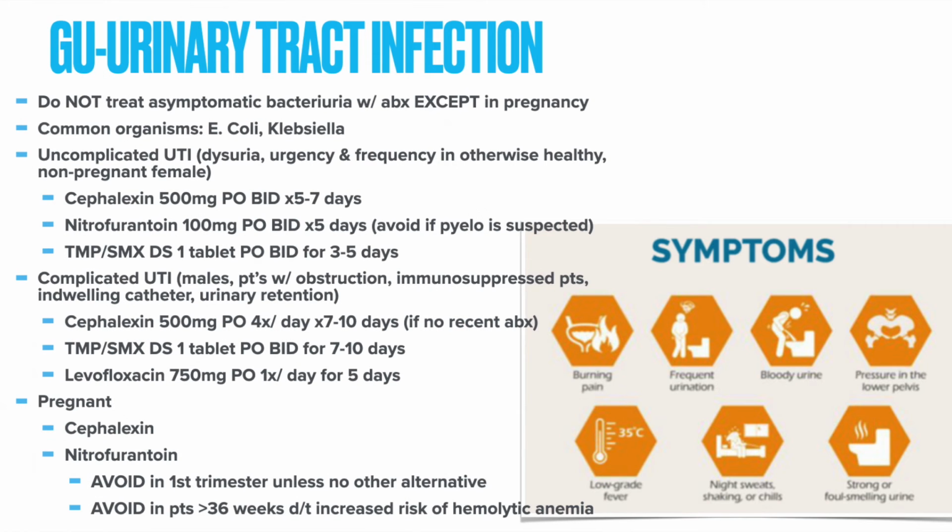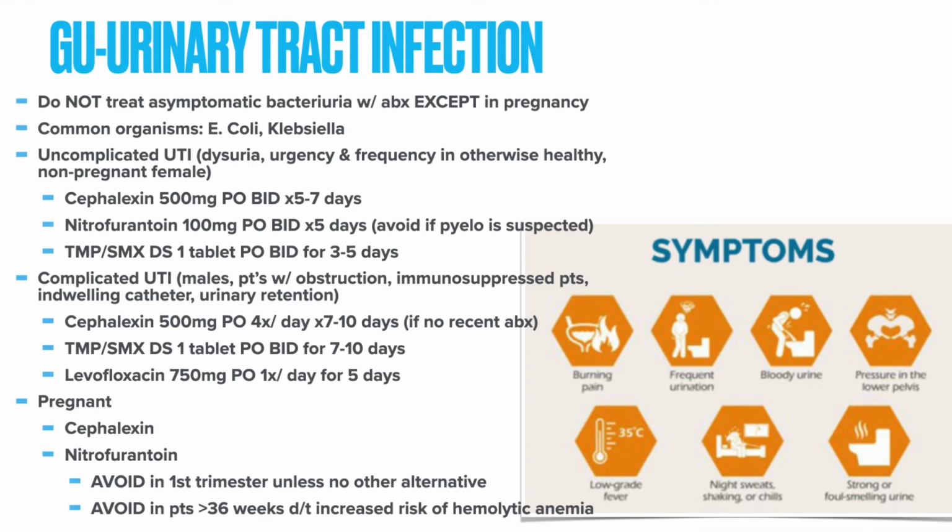All right, so next up for genitourinary is the treatment for a urinary tract infection. So common organisms for a UTI include E. coli and then Klebsiella. The general rule of thumb is to not treat asymptomatic bacteria unless your patient is pregnant. With your patients that are pregnant, if bacteria is in their urine, then we should treat them with antibiotics.